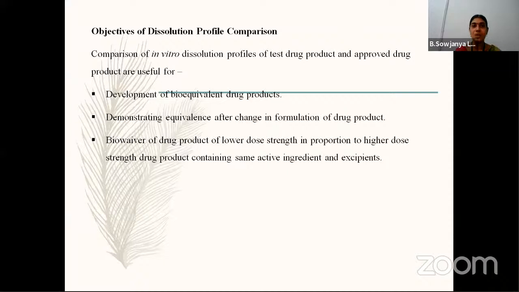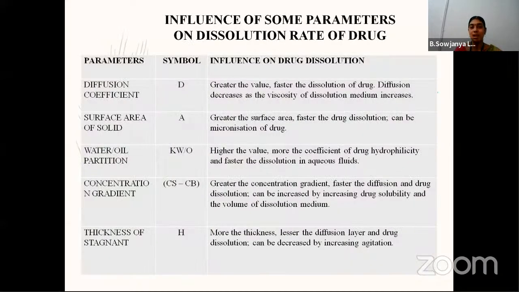It is useful for development of bioequivalent drug products and for demonstrating equivalence after formulation changes. It is also useful for a biowaiver of a drug product with a lower dose in proportion to the higher dose strength, where the active ingredients are the same.